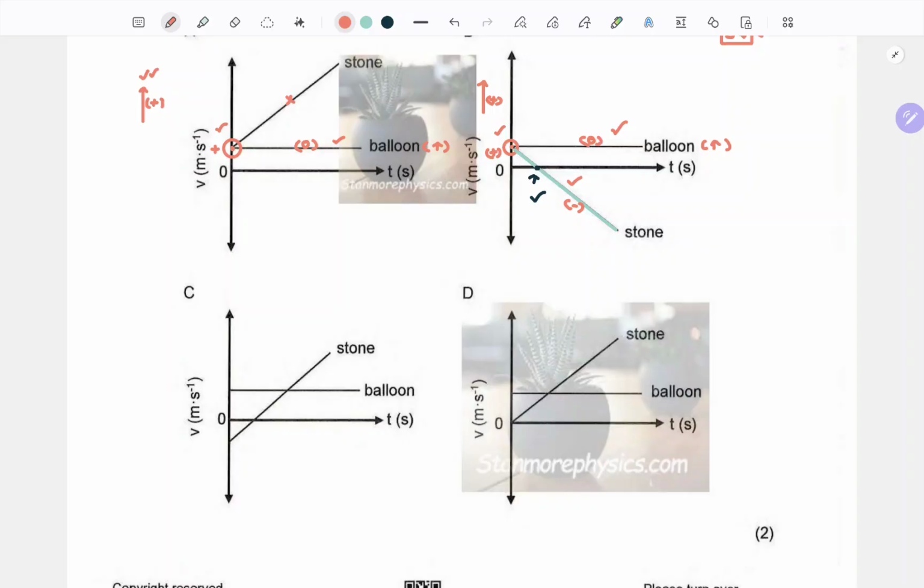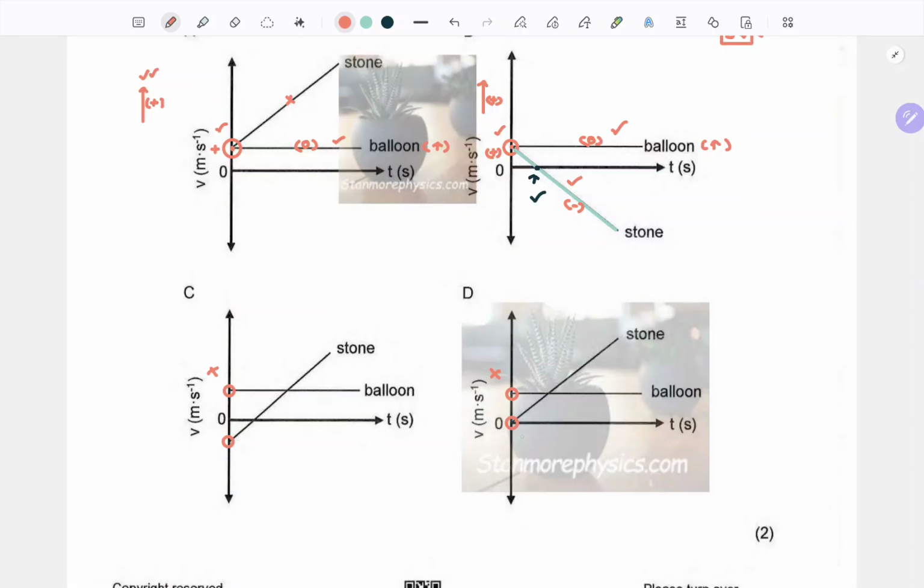Now, option C says the initial velocity of the balloon and the initial velocity of the stone are different. So this is already wrong, and we are not going to worry about the rest. It's already wrong from the beginning. Option D is saying the same, that the initial velocity of the balloon and the initial velocity of the stone is different, and this is nonsense.